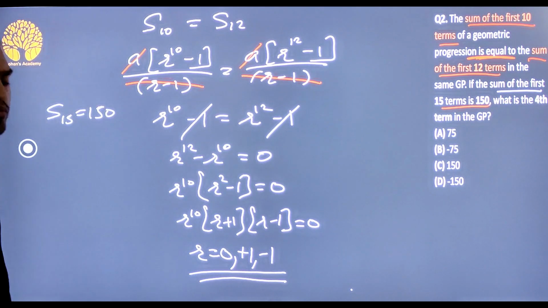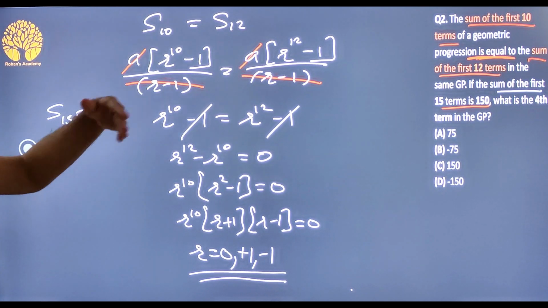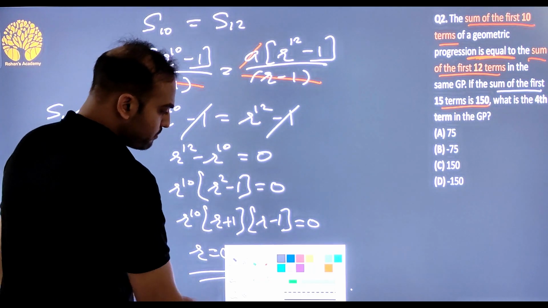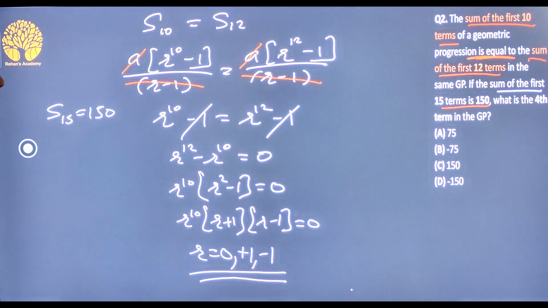The first term will remain, but all the other terms will become 0. So probably, looking at the options, R shouldn't be 0.